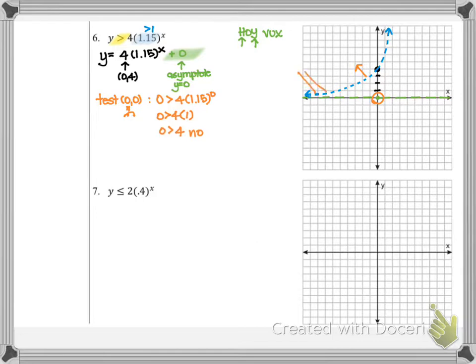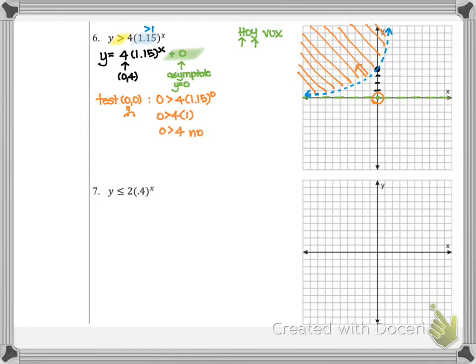So I want to make sure that I am this way on the blue curve. Okay. And so that's my graph for this one. You'll notice that my graph is the orange shading, the blue dash, and the green dashed boundary as well.